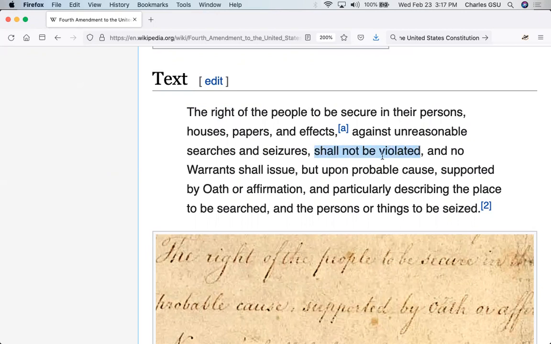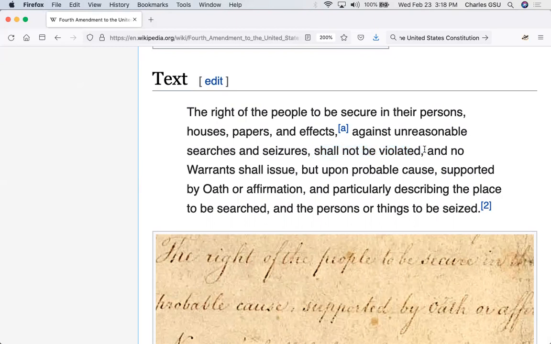Okay, so there's this long series of prepositional phrases in between. The right of the people to be secured in their persons, houses, papers, and effects against unreasonable searches and seizures shall not be violated. So that's the basic gist of the amendment.